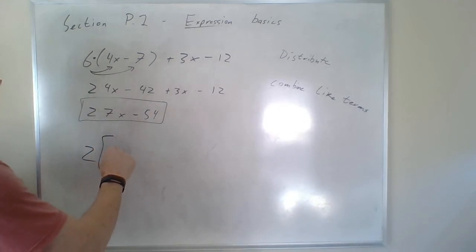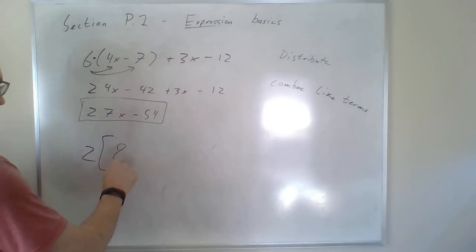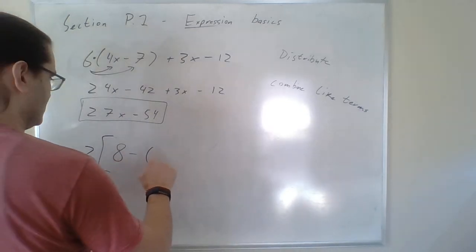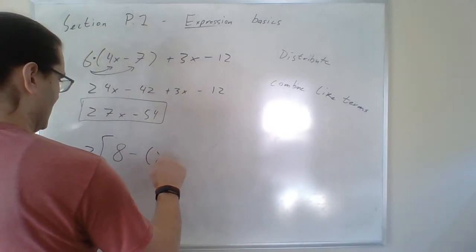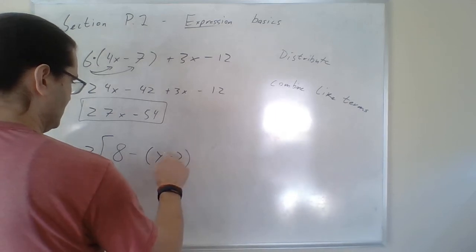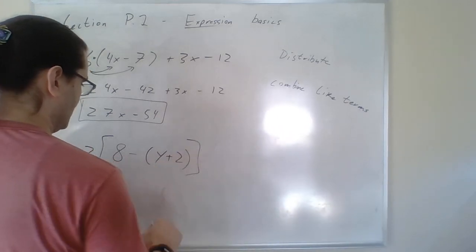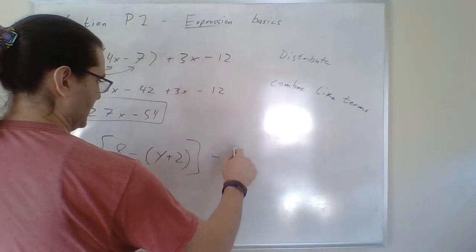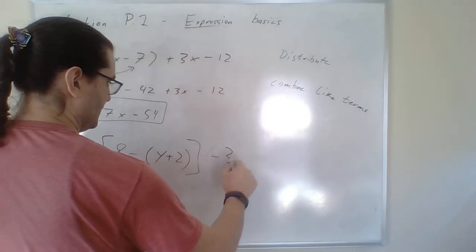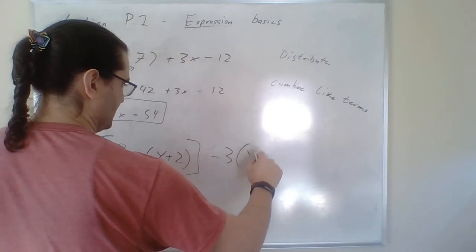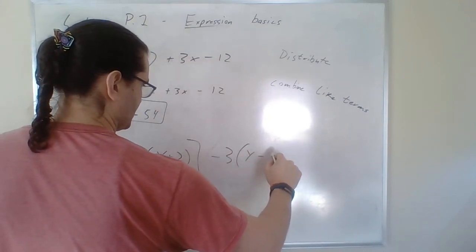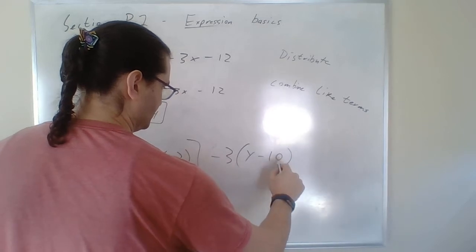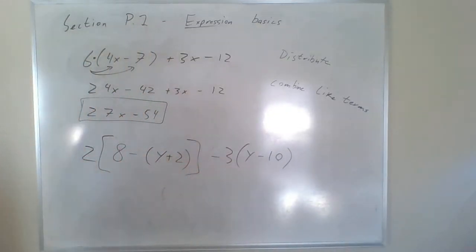We'll do 8 minus y plus 2 minus 3y minus 10. I'm just making all of these up, so we'll see whether or not this is more or less interesting.